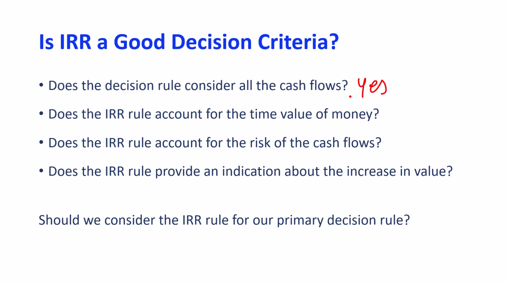The IRR rule also accounts for the time value of money because you're technically finding the present value of the future cash flows and comparing that with the cost of the project today. Does it account for the risk of the cash flows? The answer is yes. The IRR rule accounts for risk because you compare it to the required rate of return, which is determined by the risk of the project.